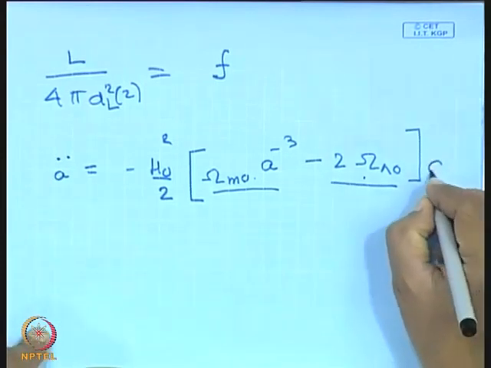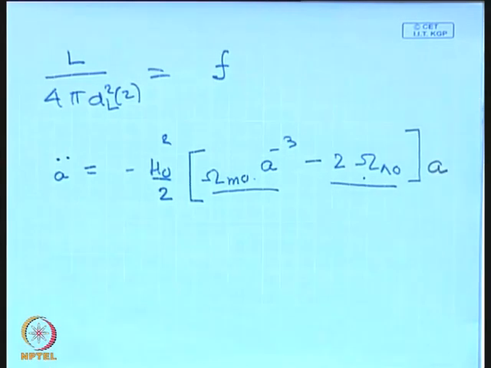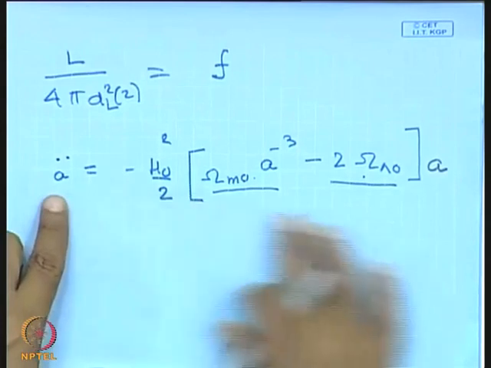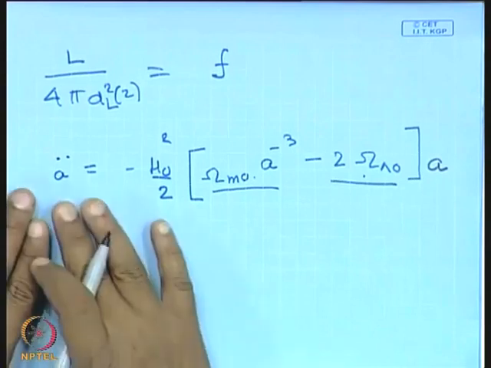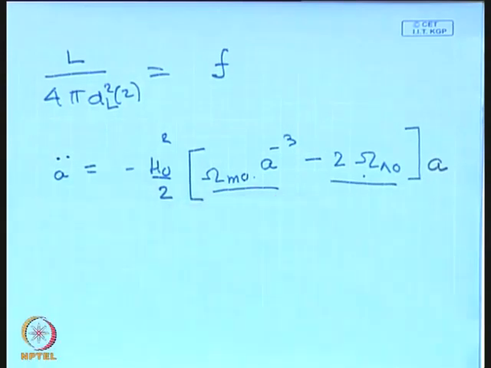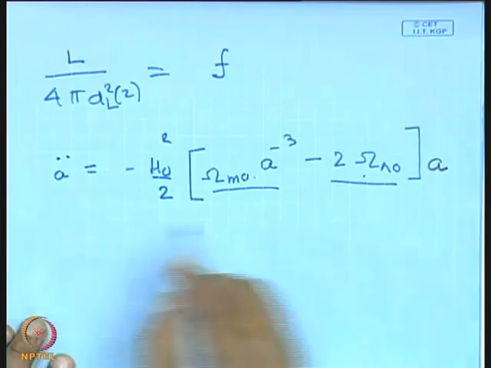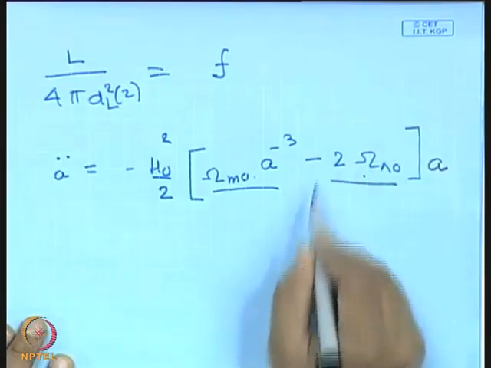There will be a factor of a here. This is the equation which we have already encountered and integrated, hopefully familiar to us by now. This equation predicts that the universe will decelerate when this term dominates, and it will accelerate when this term dominates.